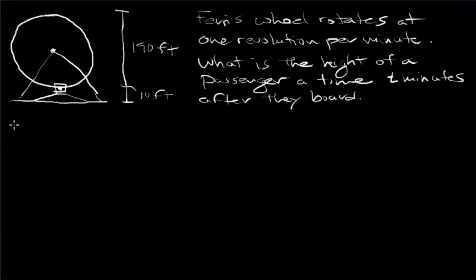If I were to graph the height of that seat over time, there would be some maximum height that it reaches, and there would be some minimum height that it reaches.